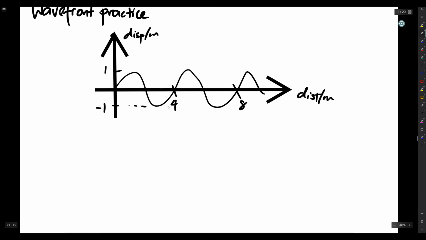The first thing you need to identify is that lambda is equal to 4 meters. So the wavelength is 4. The question will probably be: draw 5 wavefronts to represent the wave.